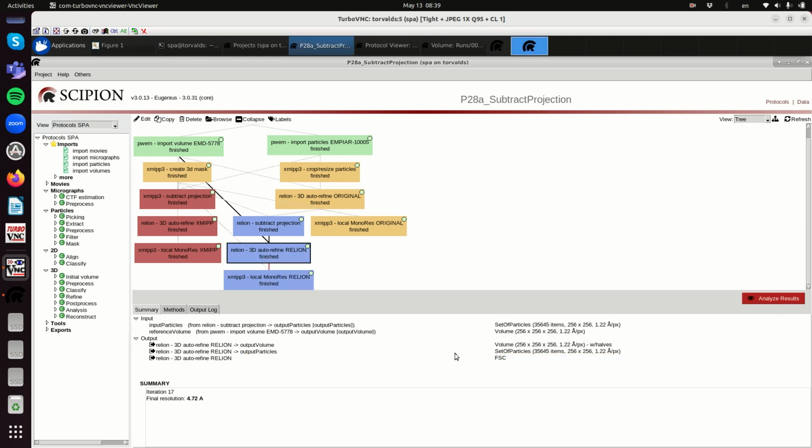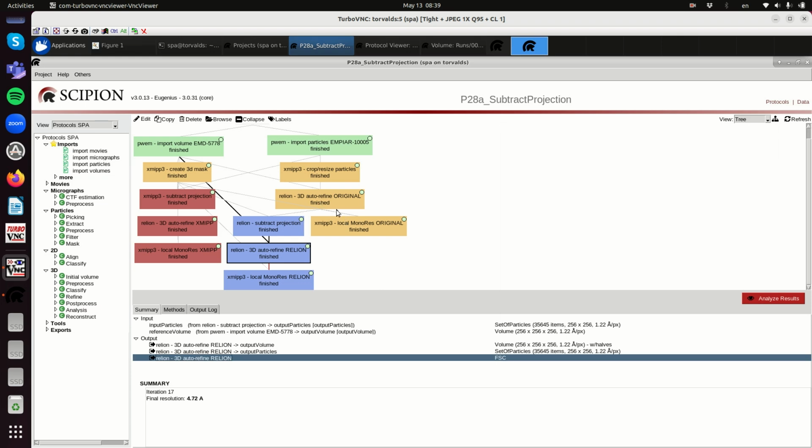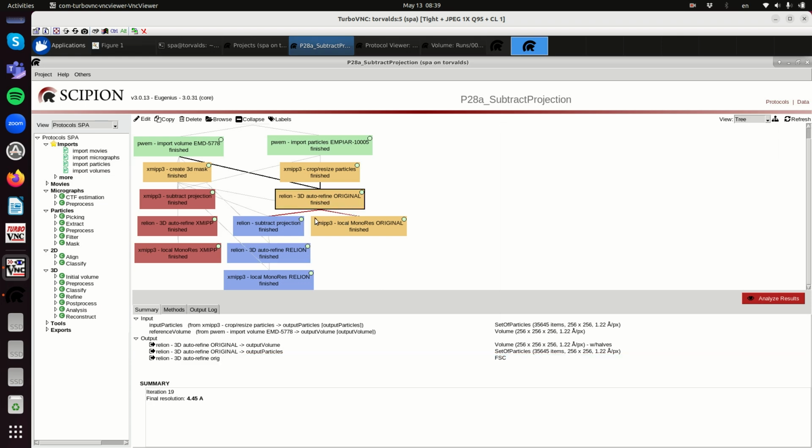But in principle, from the number itself, from the crossing, it seems that the original one had a little bit better resolution. You can never trust blindly these numbers, but sometimes some area around can help to find the right orientation. Some other times it prevents. So it depends on the case.